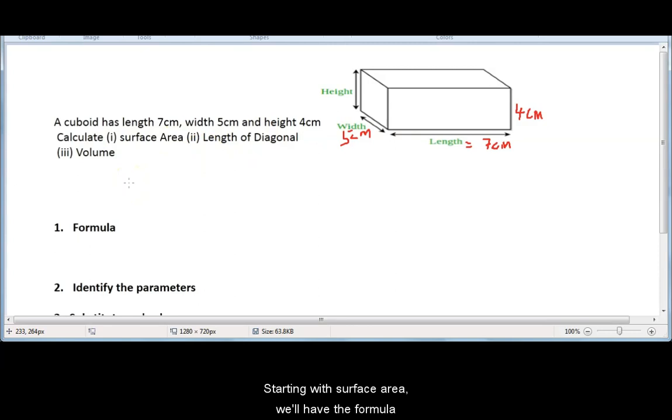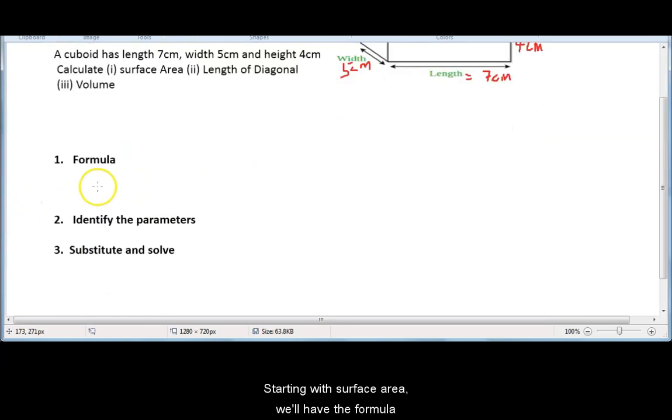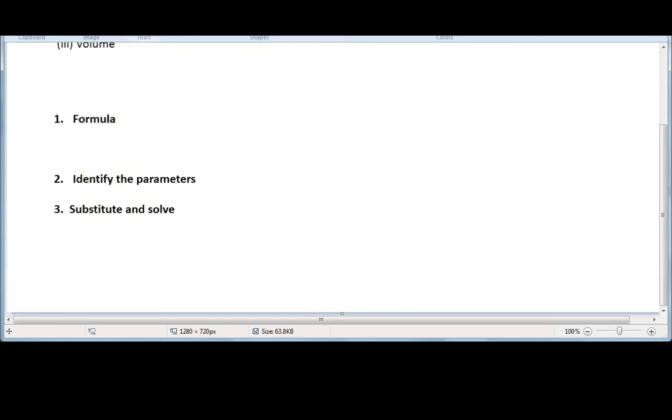Starting with surface area, we will have the formula surface area is two into XY plus XZ plus YZ.